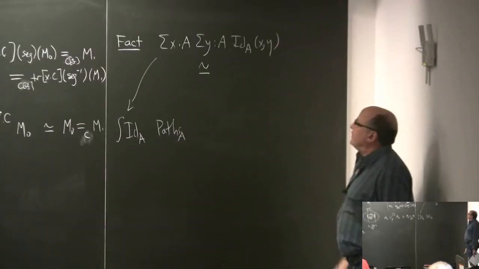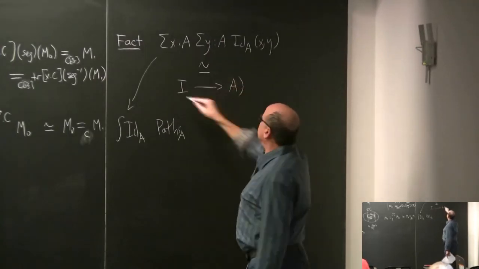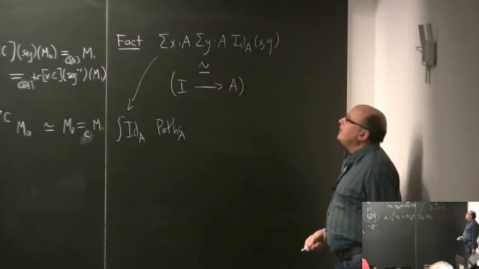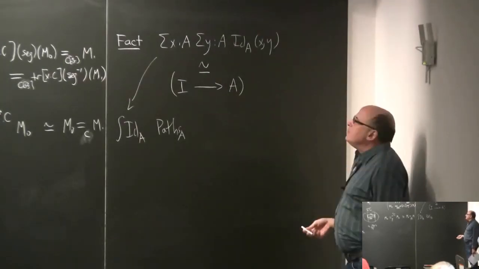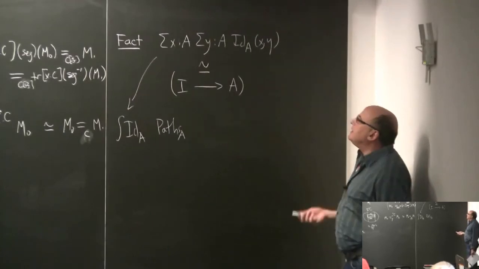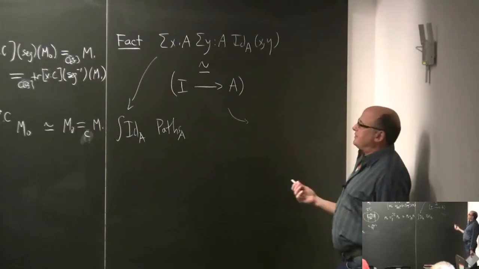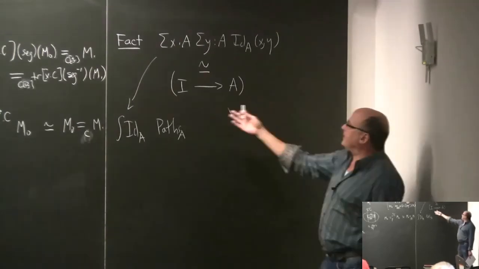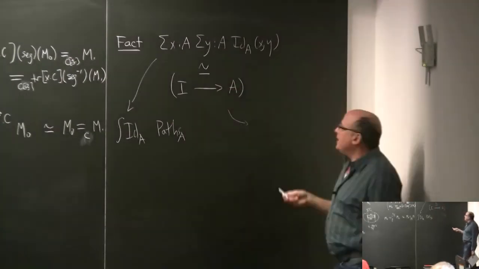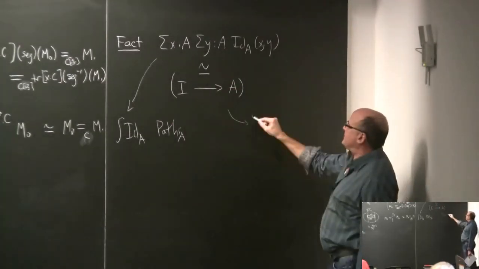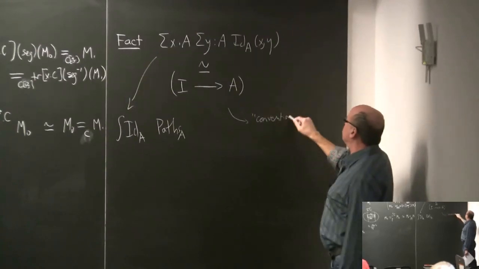The total path space turns out to be equivalent to the maps from I into A, which is kind of cool, right? It's really nice because of the analytic approach. So analytically, this could also be thought of as the path into A. I'm not going to give this a name different from that one because I'm about to prove that they're equivalent. You might call this the conventional path space.